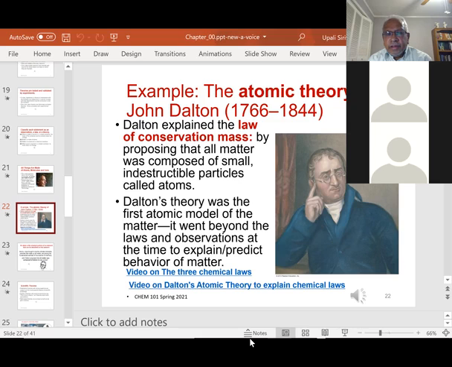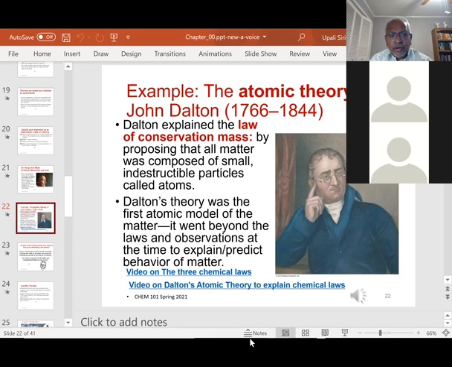It shows that there are 2 oxygen atoms in carbon dioxide and 1 oxygen atom in CO, creating 2 different compounds. So these 3 laws were explained by Dalton using his first atomic model.